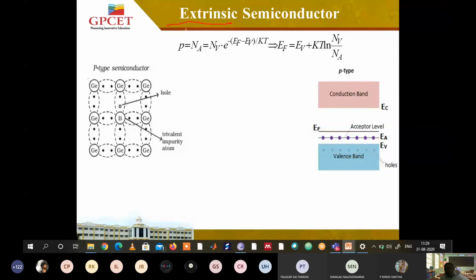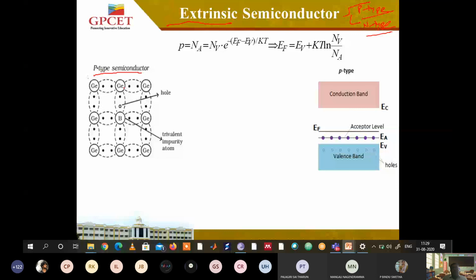So this extrinsic semiconductor is divided into two types. What are they? P-type semiconductor and N-type semiconductor. This is the structure of a P-type semiconductor, where you take a germanium or silicon atom and dope it with P-type impurities.